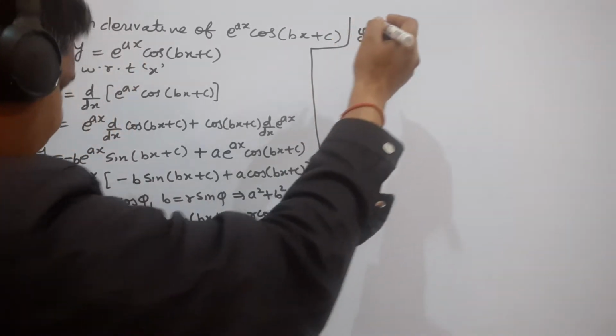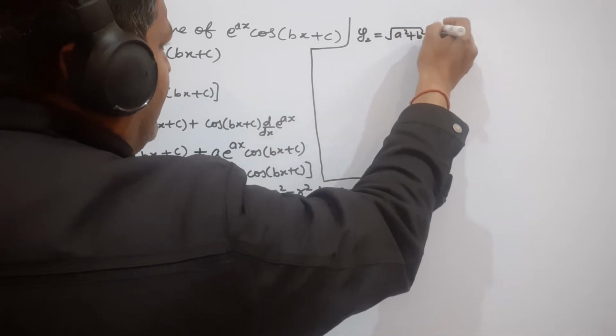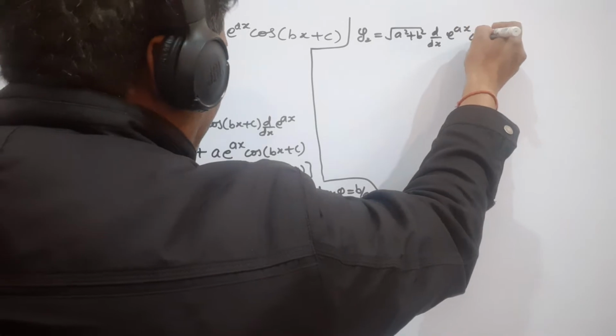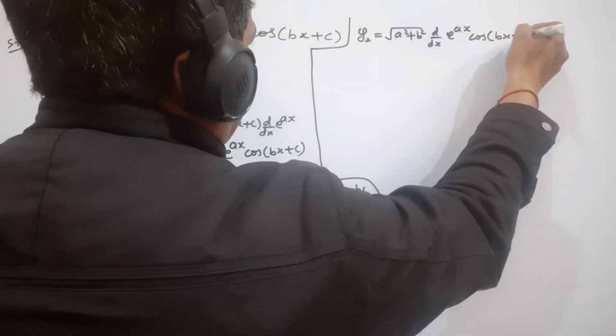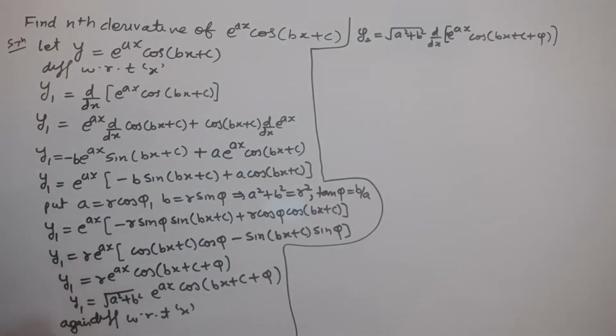That is, under root a square plus b square and d by dx of e to the power ax multiplied by cos(bx + c + phi). Here we can see that under root a square plus b square is constant, so we write it outside the bracket, and e to the power ax and cos(bx + c + phi) are in multiplication.